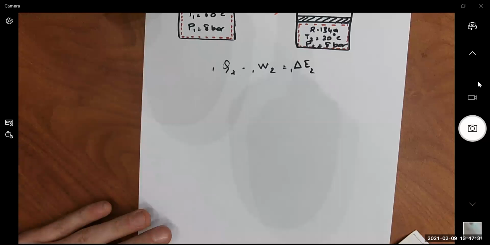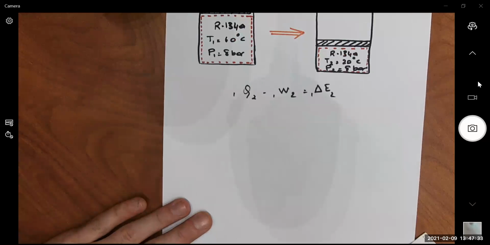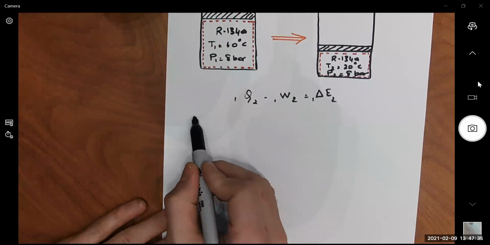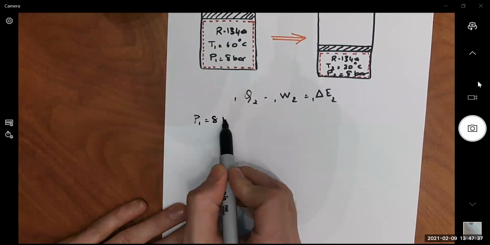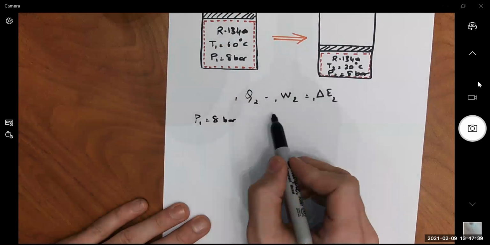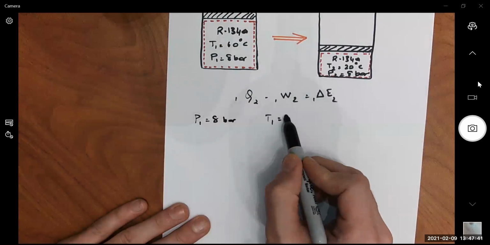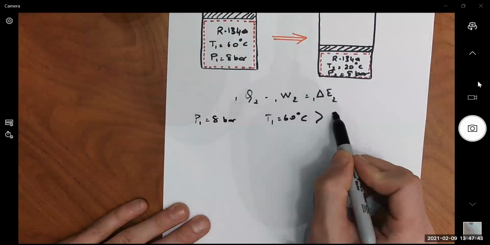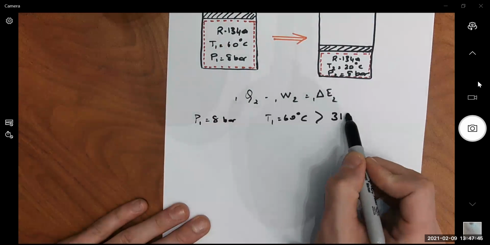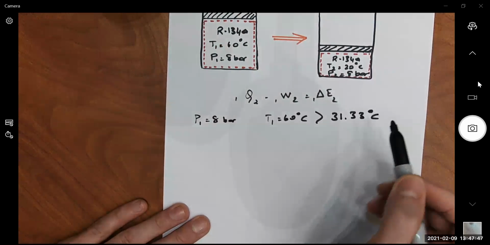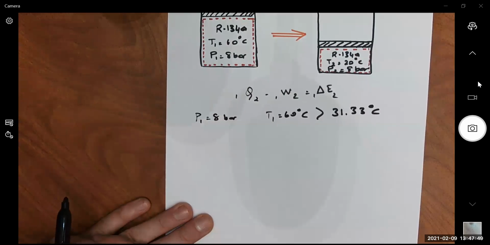So you go to the superheated vapor table for refrigerant 134A. You go there, for pressure 8 bar, P1, 60 Celsius, higher than the saturation temperature, which is 31.33 Celsius.